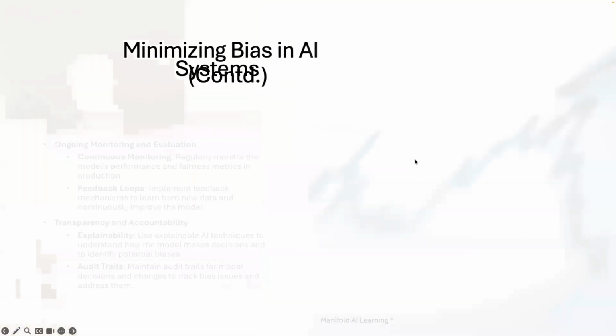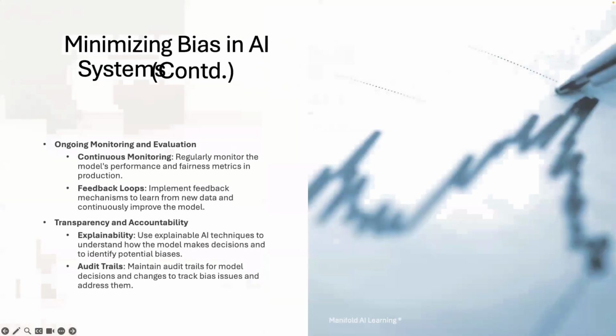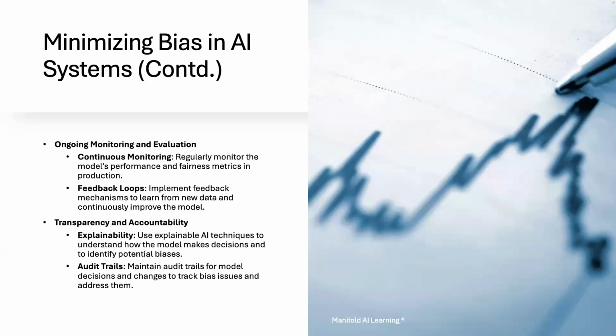Moving on, it doesn't end there. We also have to take care of ongoing monitoring and evaluation, because it doesn't stop just because our model is in the production environment and getting input from the user. We have to perform continuous monitoring. We regularly monitor the model's performance in terms of complexity, how much time it is taking, and how the responses of the model are.